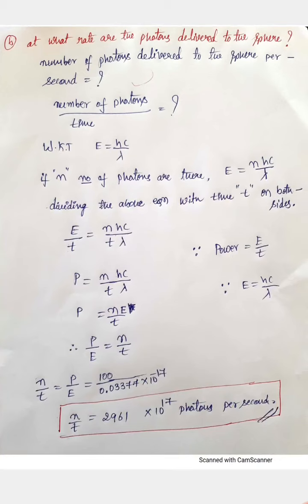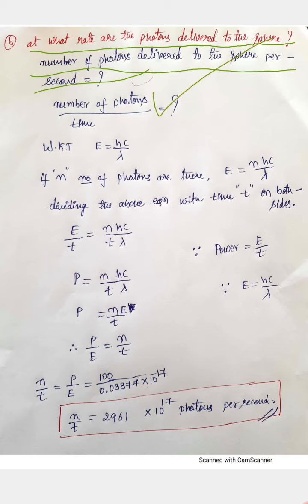Here, at what rate are the photons delivered to the sphere? That is nothing but the number of photons delivered to the sphere per second. Number of photons divided by time, that is n by t.